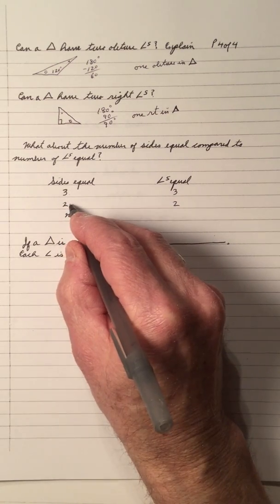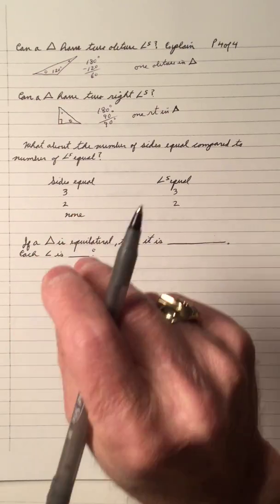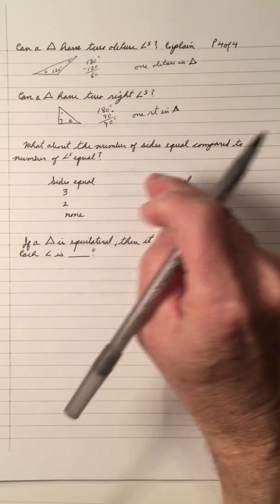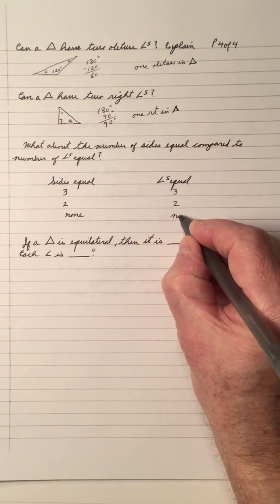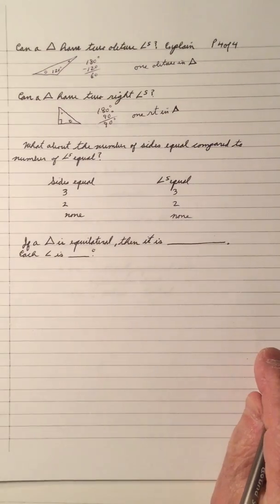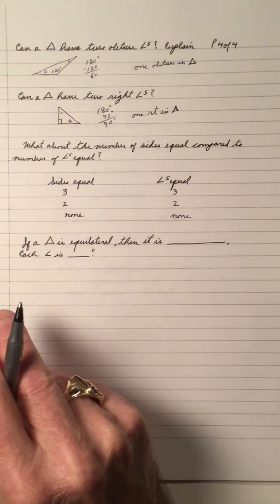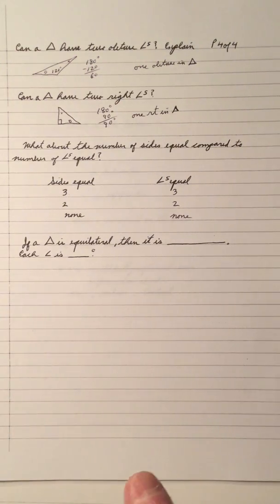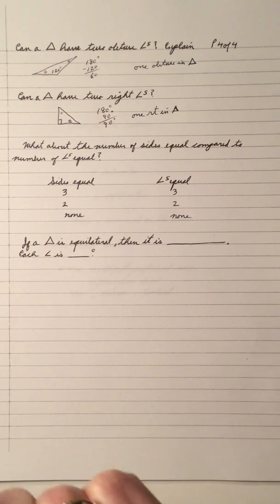So if a triangle is isosceles, it will have 2 sides equal, it'll automatically have 2 angles equal. If a triangle has no sides equal, then it'll have no angles equal. So no sides equal, no angles equal. So a scalene triangle has no sides equal, it'll have no angles equal. Again, the number of sides equal is the same as the number of angles equal.